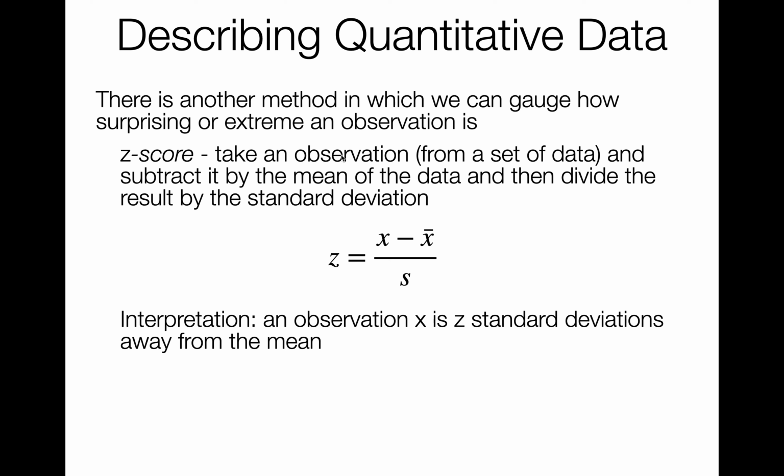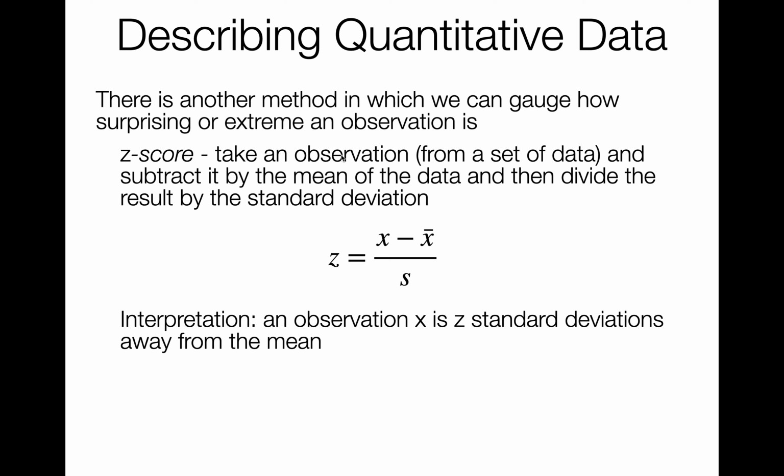Great. What does that tell us? Well, it tells us that it's fairly high compared to everything else. And especially if the data is bell-shaped, it can tell us how likely or unlikely or surprising this observation is.